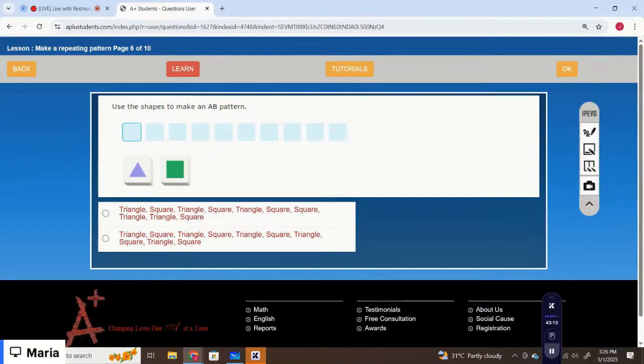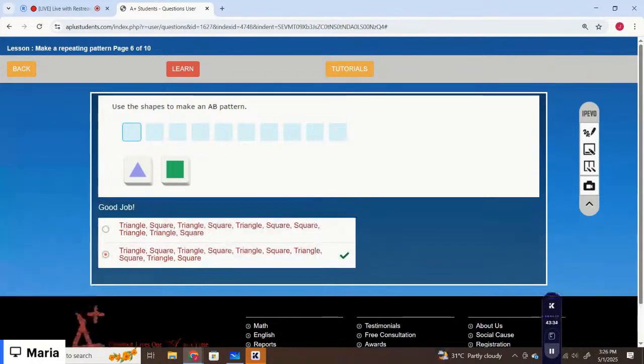Use the shapes to make an AB pattern. Triangle, square, triangle, square. Option number two is the correct option, not one, because here we have square, square. Option number two is the correct option.